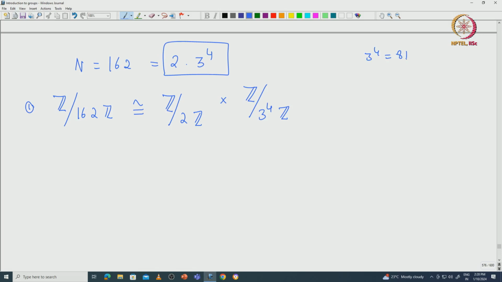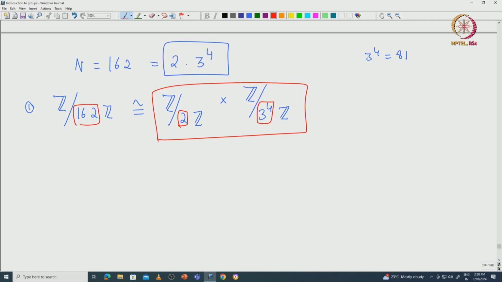The product of these two cyclic groups is again a cyclic group. Interestingly, 2 and 3 power 4 have GCD 1, so they can be combined and you get 162.